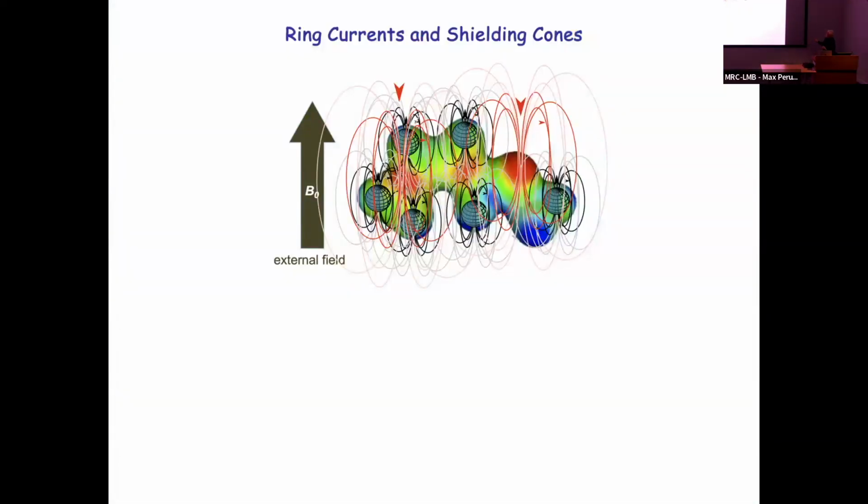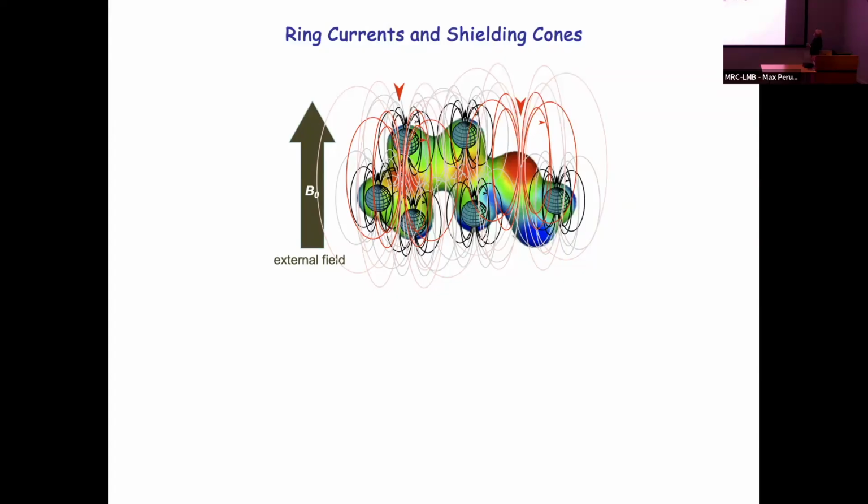So in any small molecule or even larger, we have this landscape of local magnetic fields, and they are characteristic. They depend on the functional group chemistry, the shape of the molecule, and the time dependence of that shape, the dynamics.